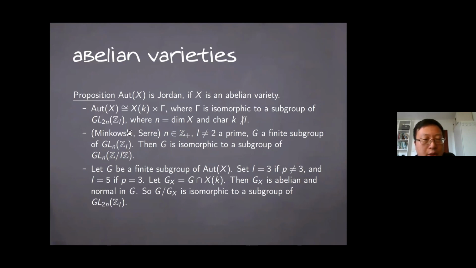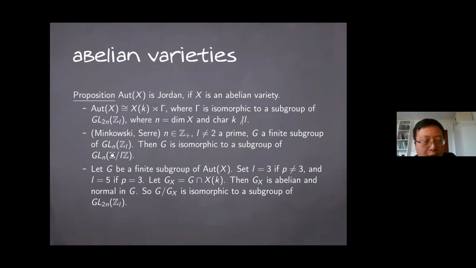The other thing is that we need to know the finite subgroups here have an upper bound. This idea goes to Minkowski or Serre. For the finite subgroup here, you can do a natural map: take GL_n(Z_l) to GL_n(Z/lZ). You will show that restricted to this finite group, the map has trivial kernel.